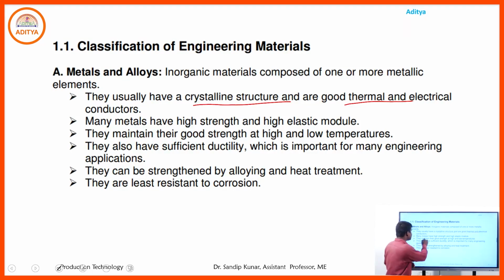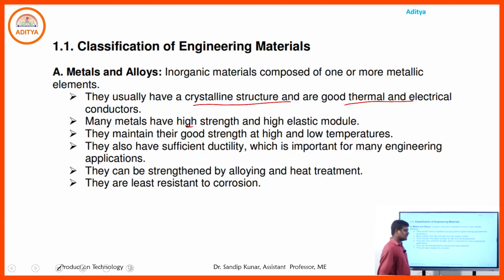So that material maintains a high elastic modulus. If the deformation goes beyond the elastic limit, yielding will take place in that material. Some materials also maintain good strength at low temperature, so they have different applications.